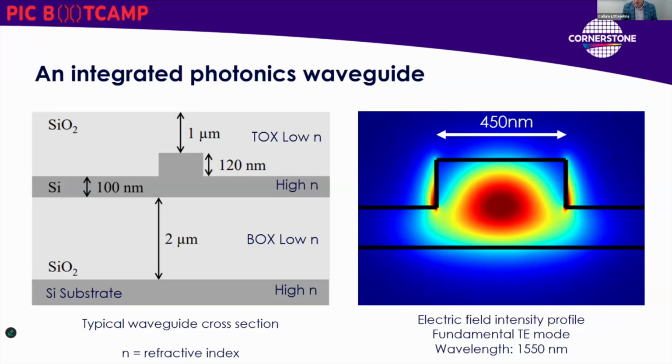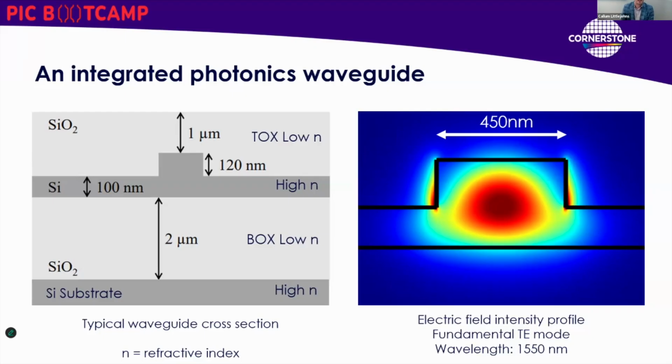And it does it using a concept known as total internal reflection. What that means is that if we have light of a particular wavelength in a material of a higher refractive index, when this light reaches an interface with a material with a lower refractive index, in this case silicon dioxide, if that light is incident above a certain angle called the critical angle, we achieve a reflection rather than a transmission of the light through the interface.